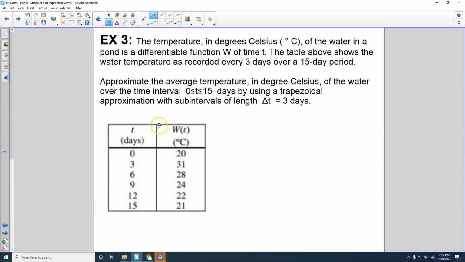Whenever I find the area underneath the curve here, if you think about what you've got, you've got days here and degrees Celsius here. So whenever we find an area, we will be doing days times degrees Celsius.